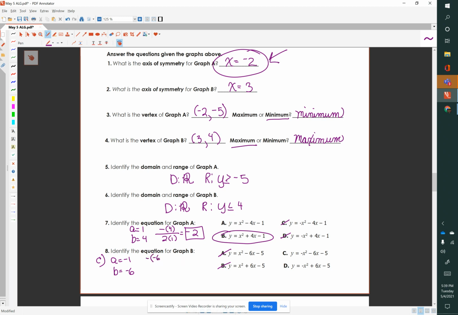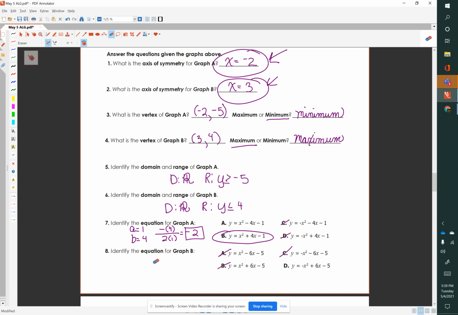Negative times -6 over 2 times -1, which is positive 6 over -2, which is -3. Well, we need an axis of symmetry of positive 3. So C does not work, but we will still check D to see if that works.